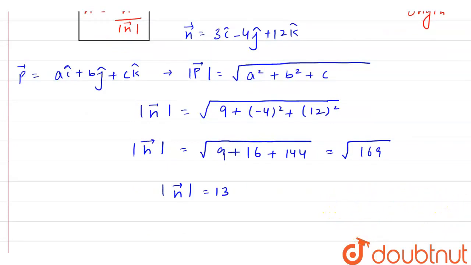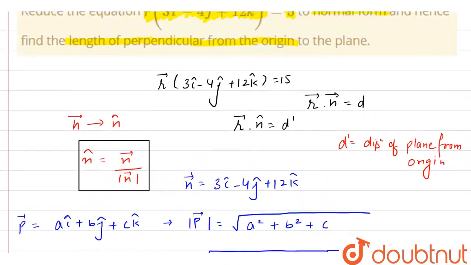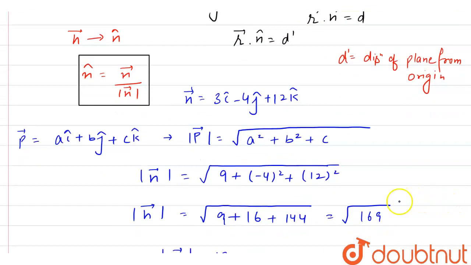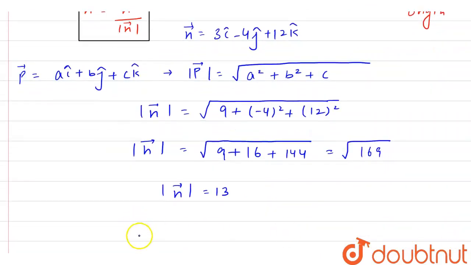Right, now the given equation is r vector dot (3i cap minus 4j cap plus 12k cap) equals 5.